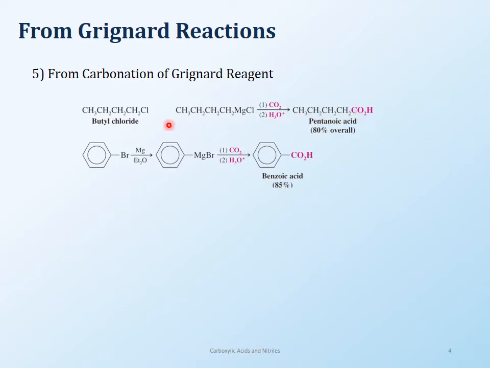The one thing you have to remember for Grignard reagents, and also for the cyano compounds that we just did, is that when you make these compounds, you add one carbon, okay? So that's one thing to keep in mind. When you were doing the oxidations using aldehydes and ketones or alcohols, you did not add any carbon. But with nitriles and with Grignard reagents, you end up adding one carbon.